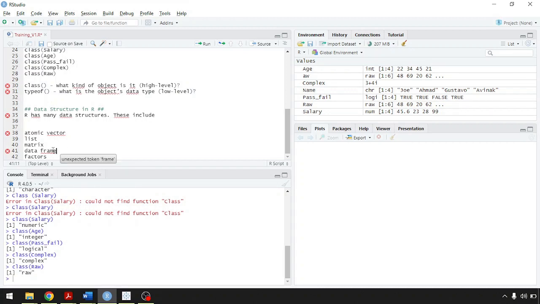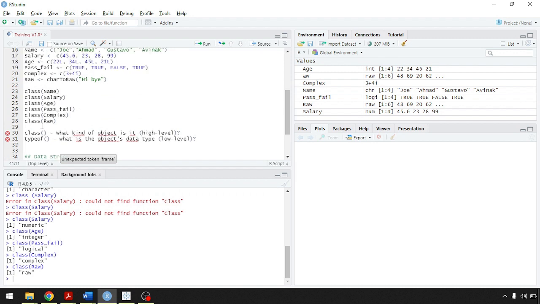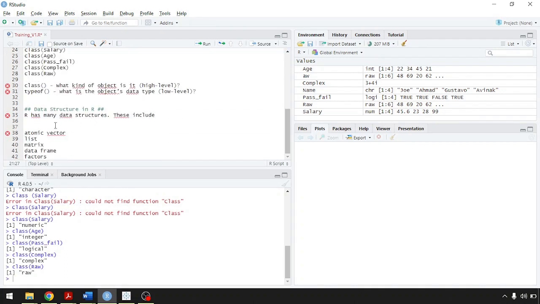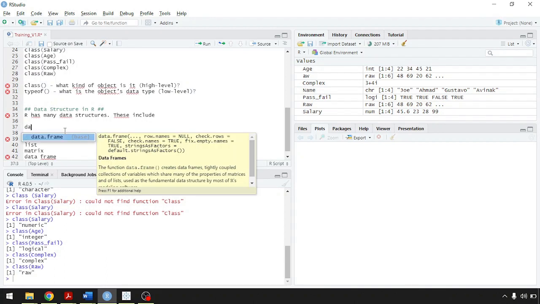It's the equivalent of a crosstab or a table if you're familiar with Excel. If we were to construct a table using this information, then we can use data.frame to do that. As an example, let's call it table one.